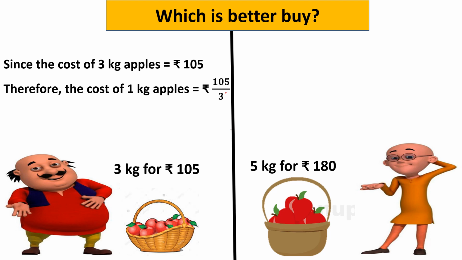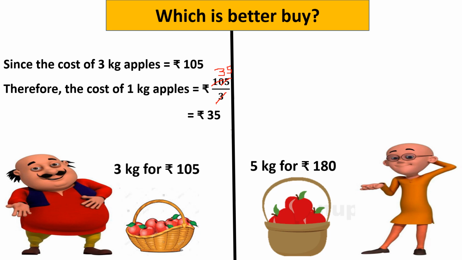Just tell the table of 3 in 105. 3 threes are 9 and remainder is 1. So 3 fives are 15. It means Motu purchased apple at the rate of rupees 35 per kilogram.